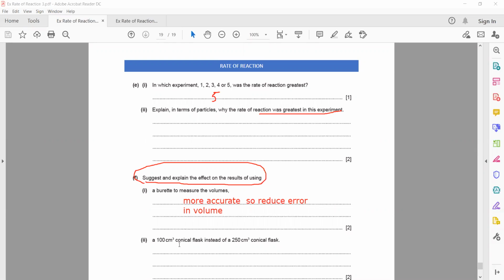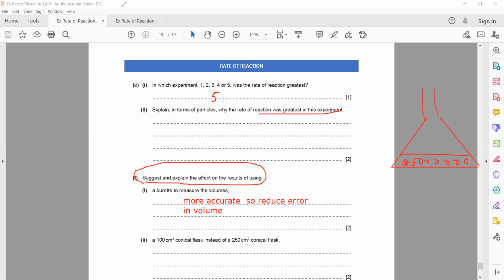Then if we use a 100 cm cube conical flask instead of 250, what is the advantage of that? If I use a 250 cm cube conical flask, the solution is more spread out, meaning particles at this point will not get any chance to react with particles at the other edge. So the reaction will be relatively slower.